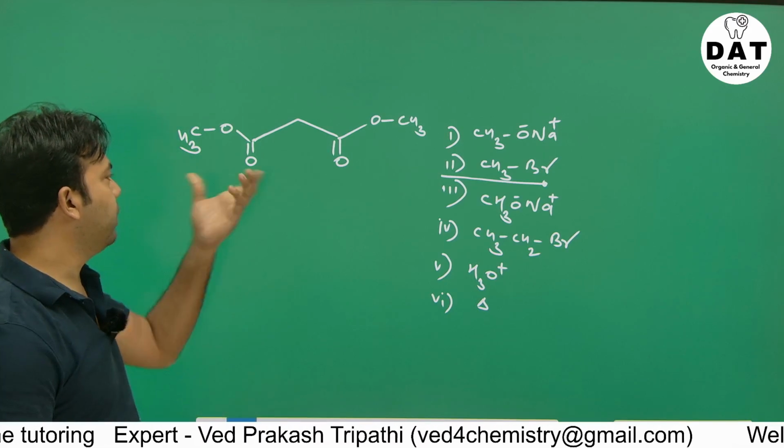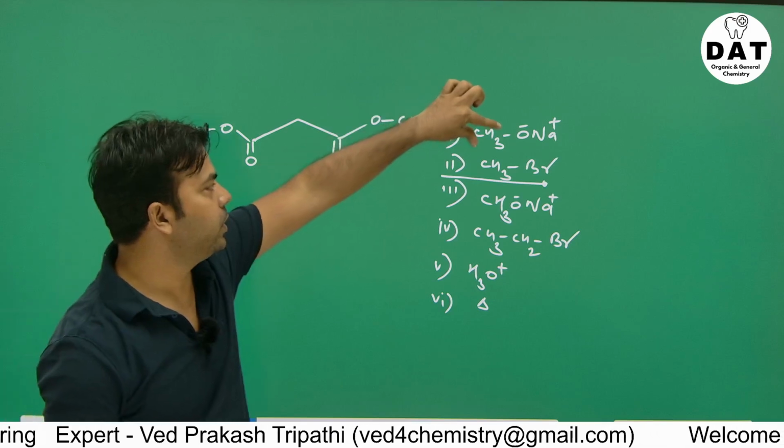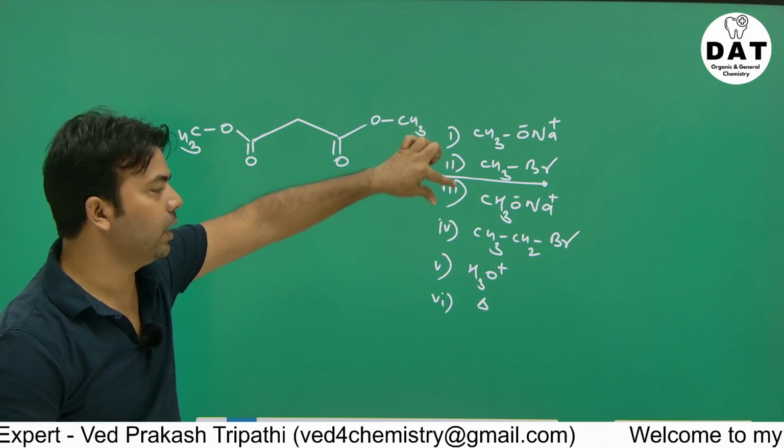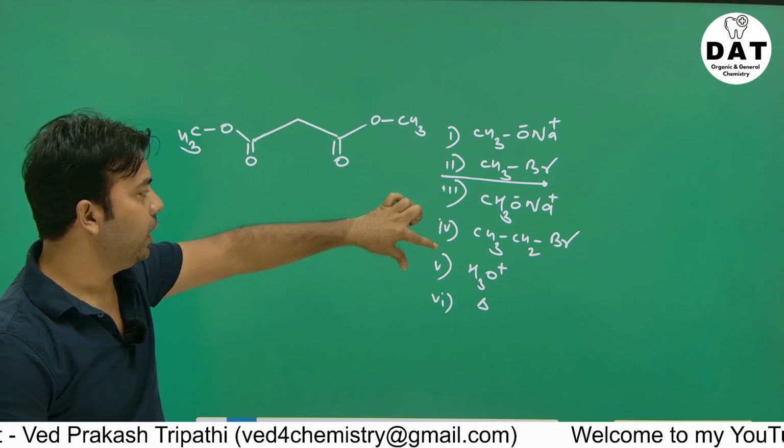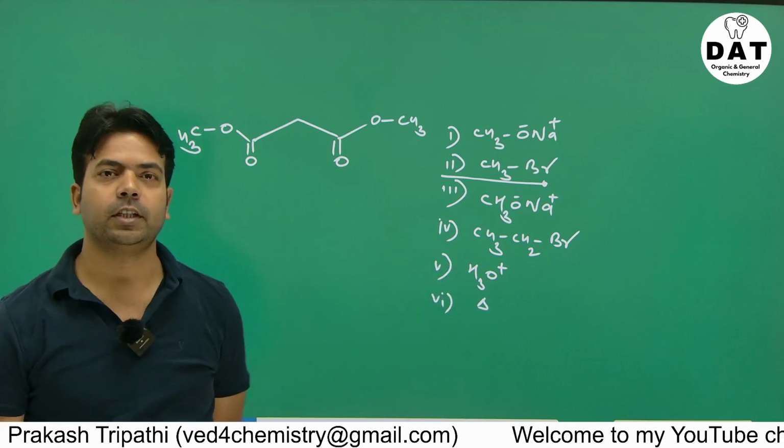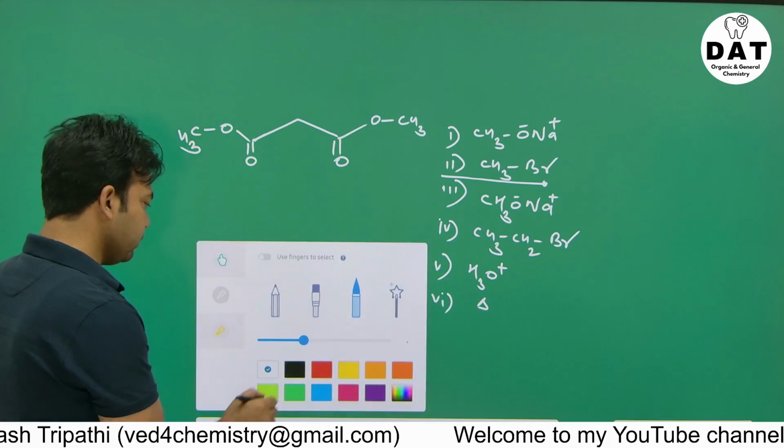So this is my diester. The first step is a base, then alkyl halide, again base, again alkyl halide, and the last step is hydrolysis with heating. So let's do one by one.